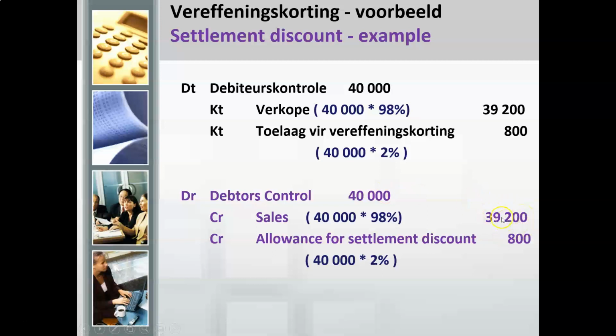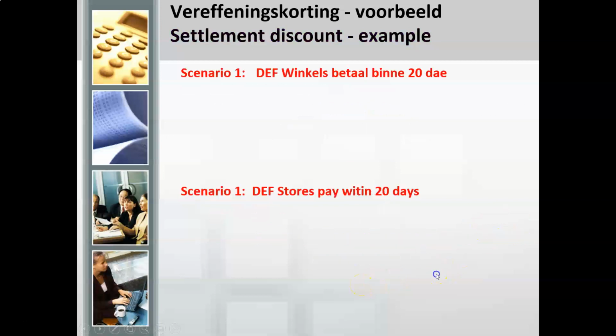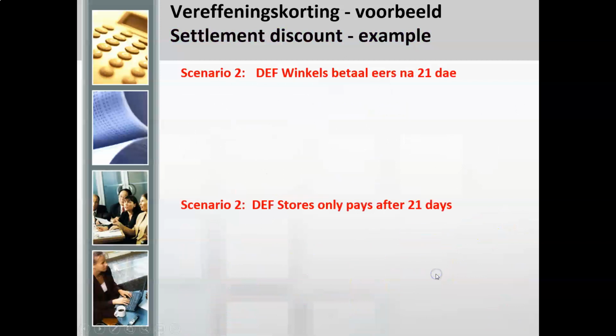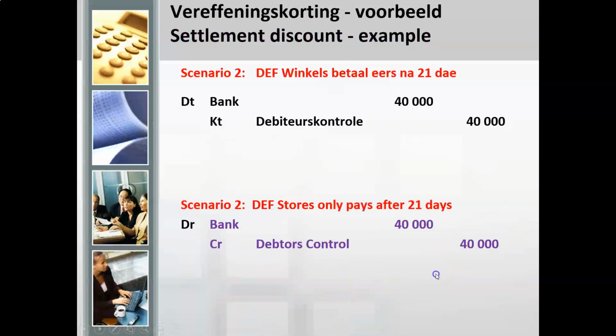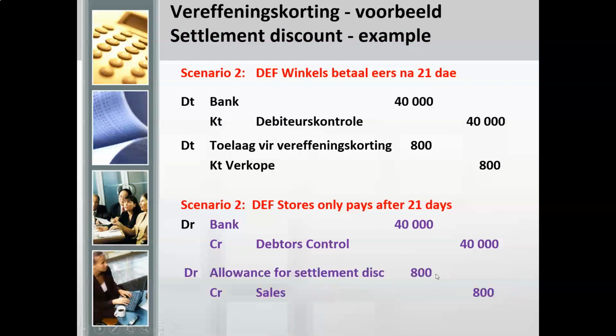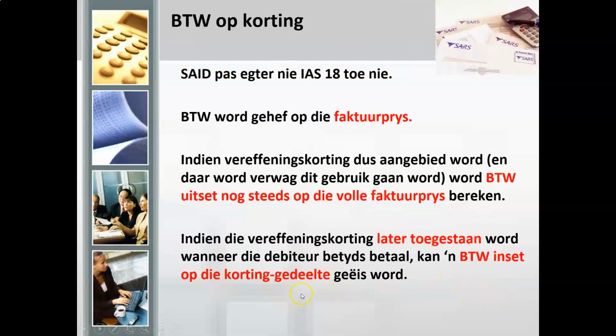So I have to bump it up to the correct amount of 40,000 Rand. So I'm going to debit this account now with 800 Rand and credit my sales revenue account with 800 Rand so that my sales is also going to be reflected at 40,000 Rand. So debit my allowance for settlement discount account and credit my sales account with 800 Rand.